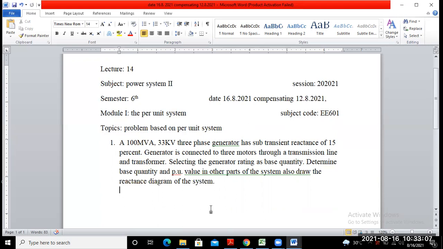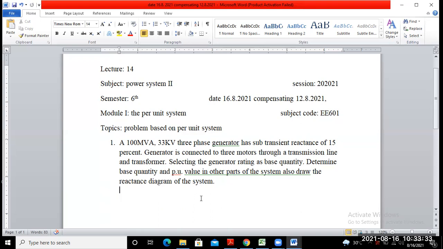After the transformer, three motors are connected as a load. So we will find the per unit value of the base quantity and per unit value in the other parts of the system. Also draw the reactance diagram. You are already familiar with that.